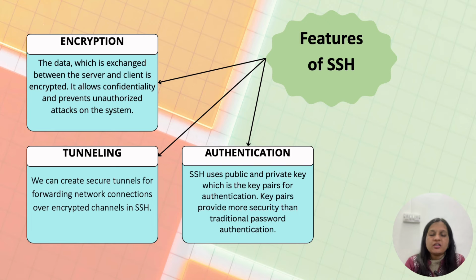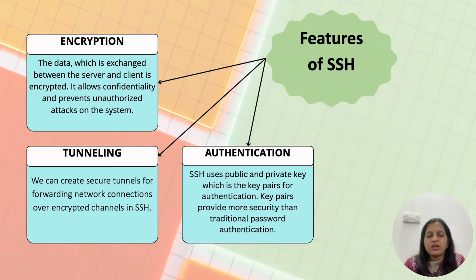Tunneling is that we can create secure tunnels, that is, a secure channel in between for forwarding network connections over encrypted channels. Whatever files or things we need to send from one computer to another in an SSH session, we can create a tunnel, which is more like an alternative to VPN.